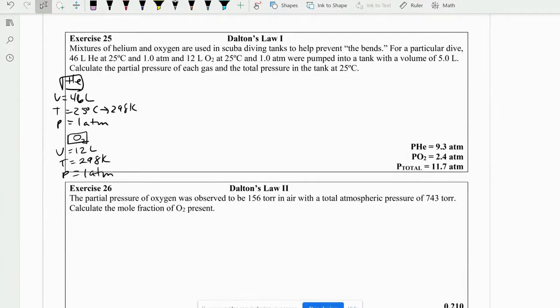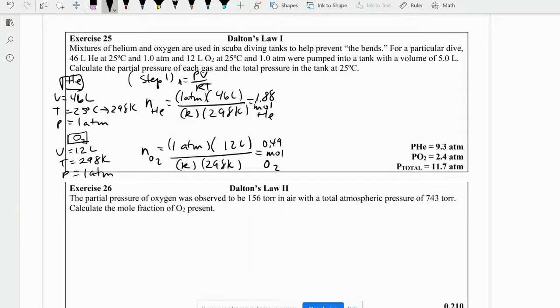You can see that for helium and oxygen, we don't have moles indicated here, but we could easily use the ideal gas law, or PV=nRT, to determine the moles of helium and the moles of oxygen. So essentially in the first step here, that's what you're going to do. Step 1, you are going to use n equals PV over RT to determine the moles of helium and the moles of oxygen. So why don't you pause me, plug in those variables and calculate them, and come back and we'll do the next step.